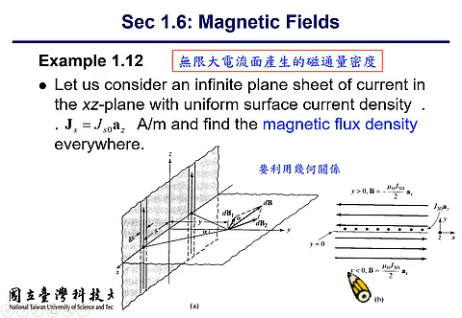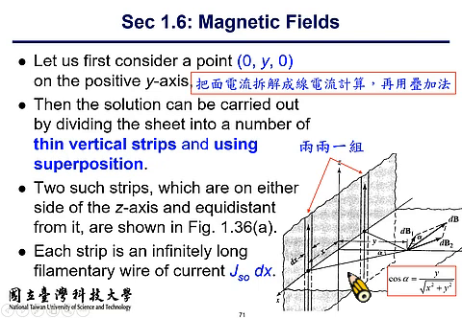The magnetic field intensity produced by infinitely large surface currents should be the same everywhere, should be homogeneous everywhere. Even though in reality we do not have an infinitely large current surface. But anyway, let's try to solve this problem.